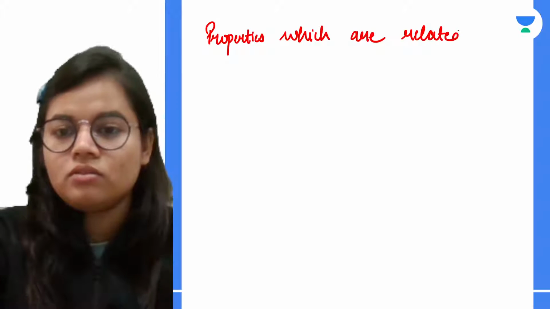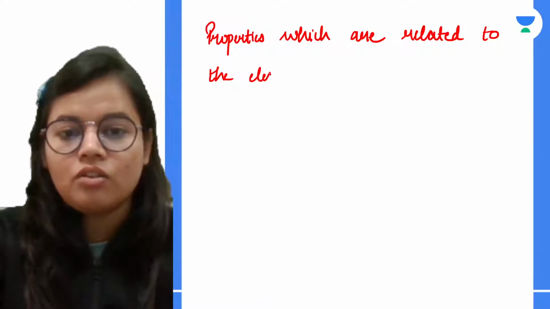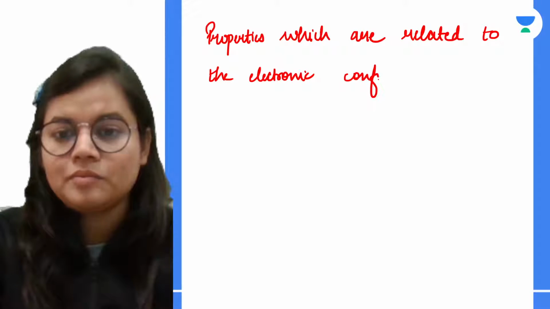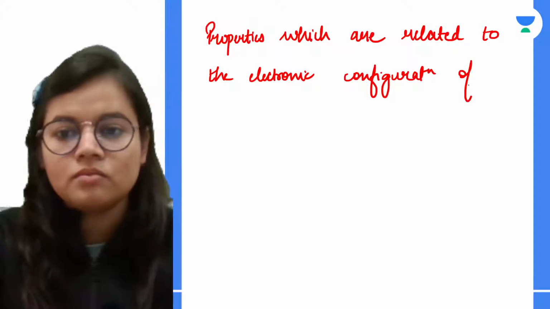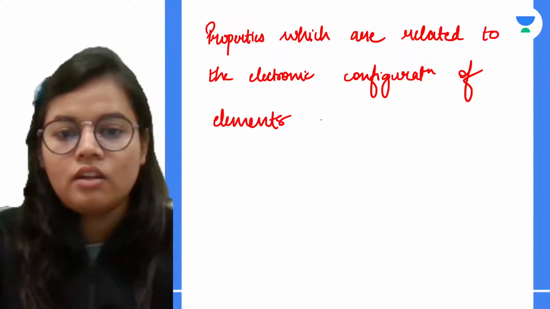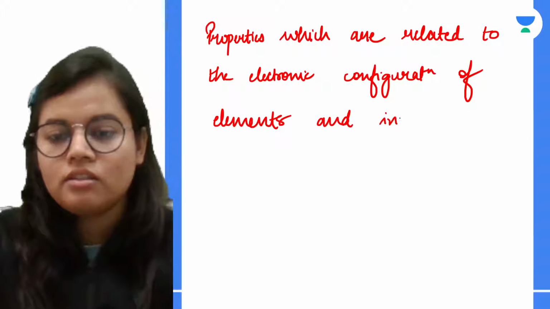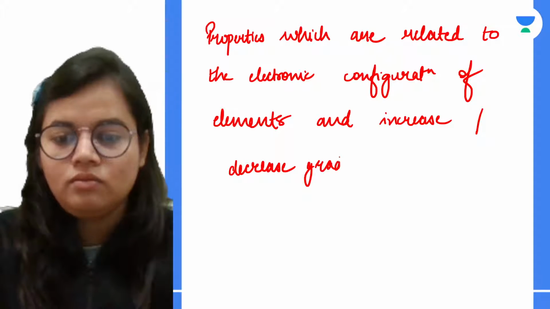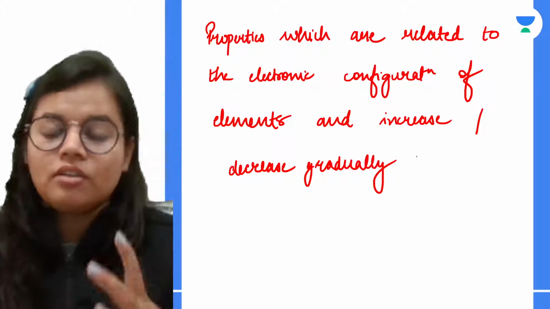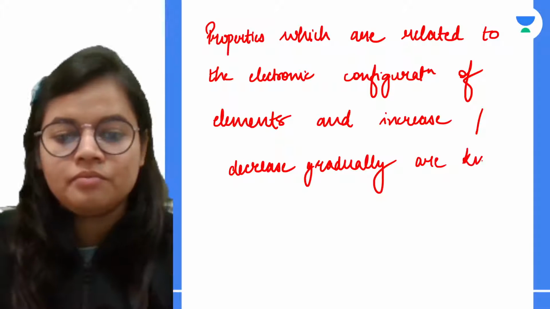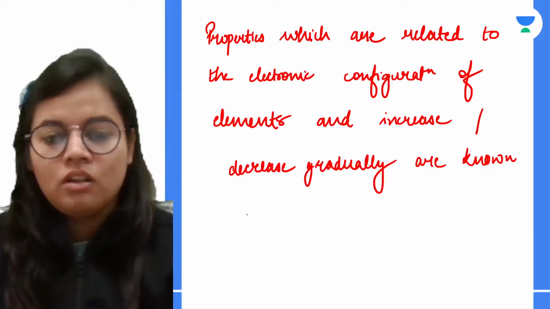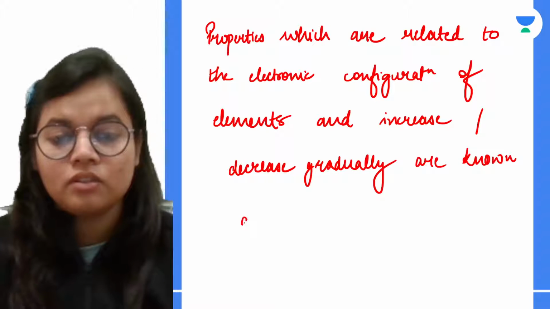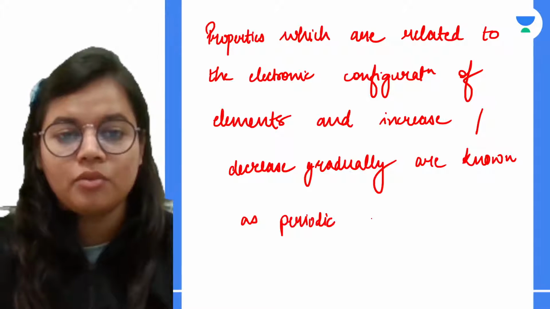The properties which are related to the electronic configuration of an element and increase or decrease gradually after a certain interval of time are known as periodic properties.